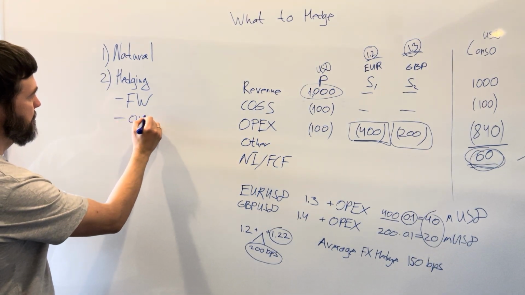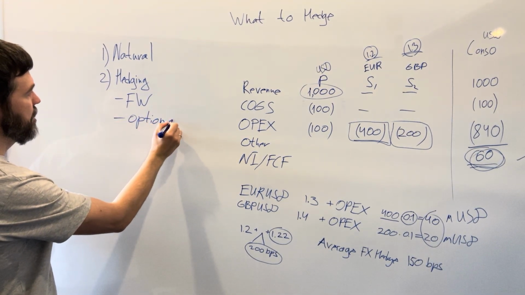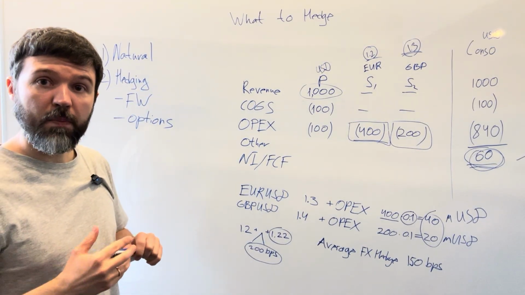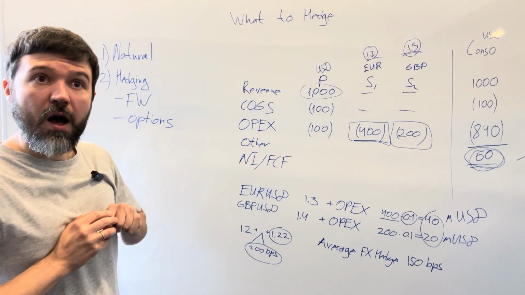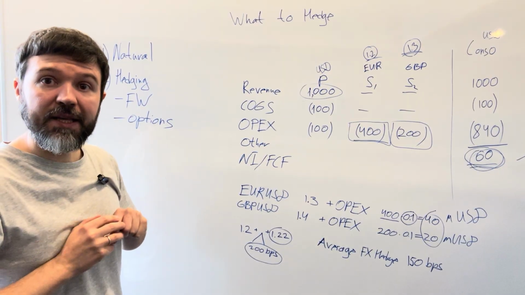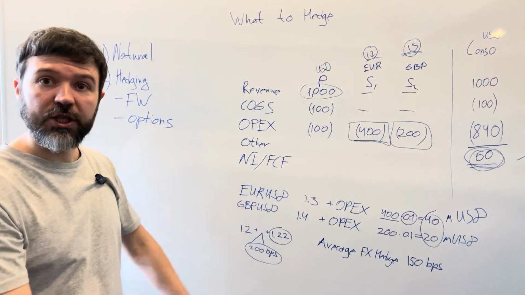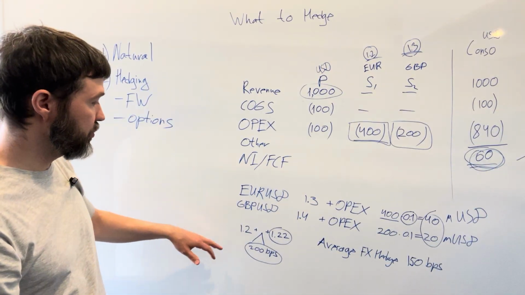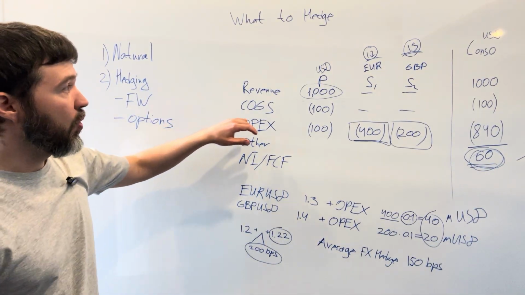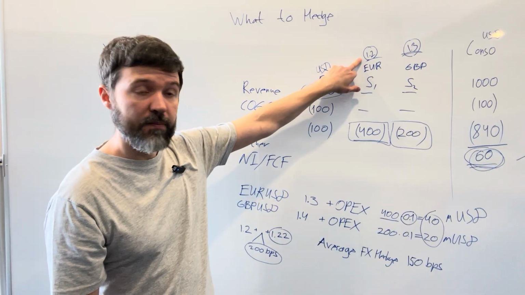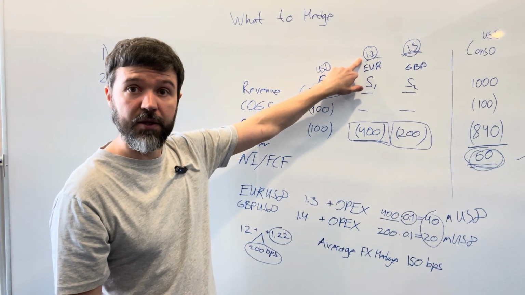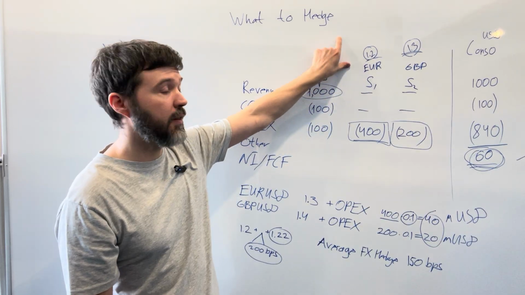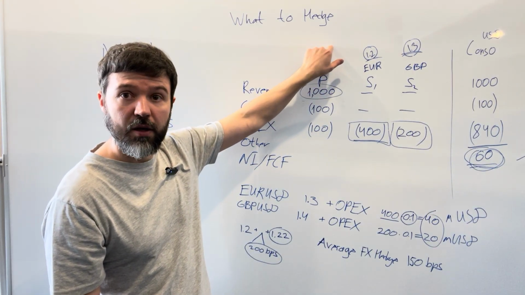Options. You're buying flexibility. You're buying an option to participate in favorable foreign exchange rate movements in the future. If the rate goes to 1.1 from 1.2 here, you're just letting your contract lapse and you go and buy at the spot market.